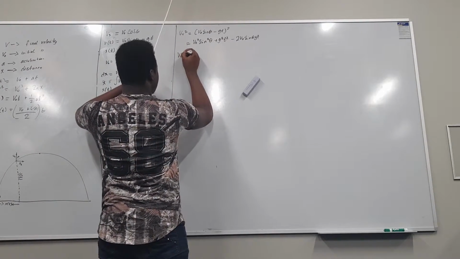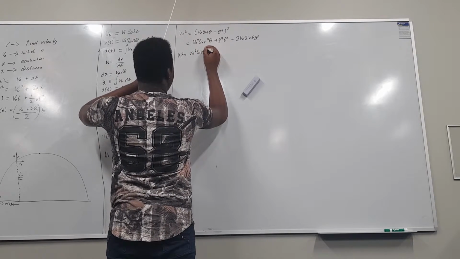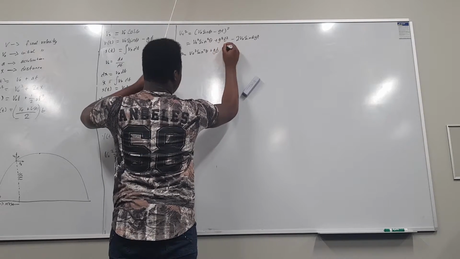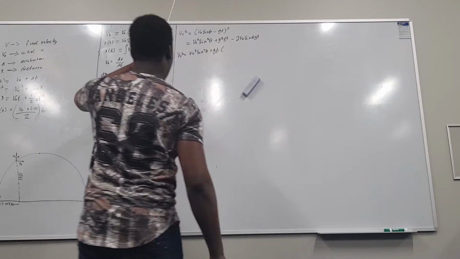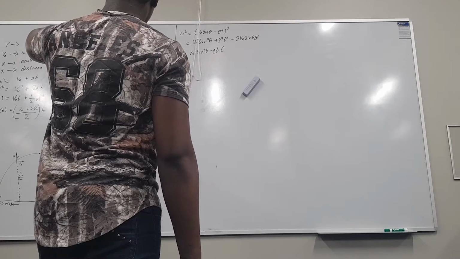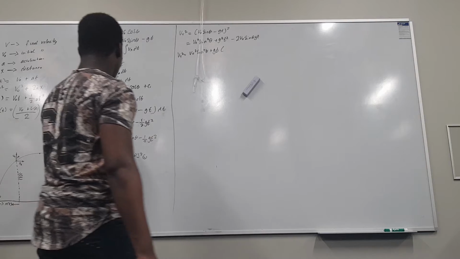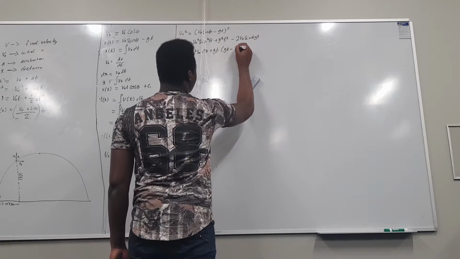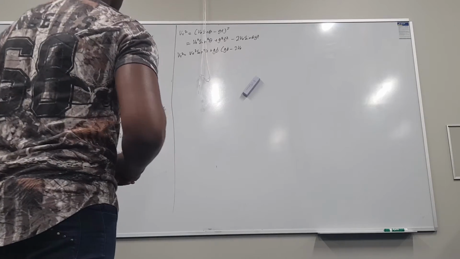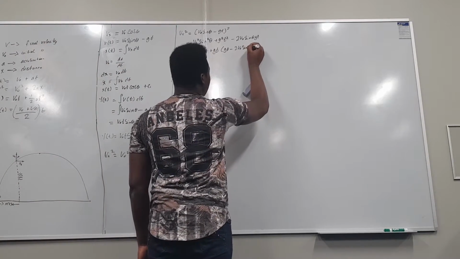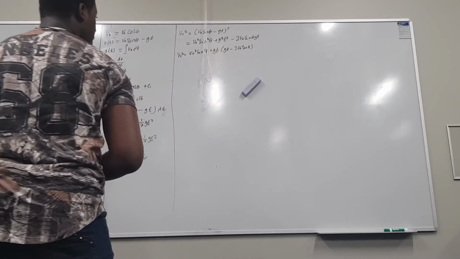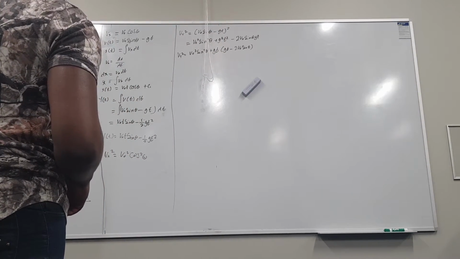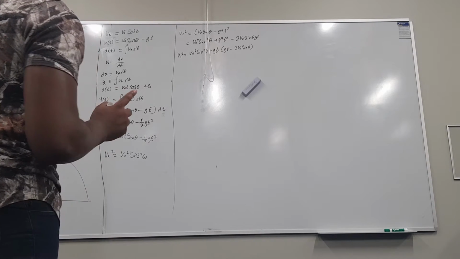We can say Vy squared is equal to V naught squared sine squared theta plus gt times gt minus 2 V naught sine theta times gt. I want to see if I can get this from the factored form, since t is the only thing factored out.